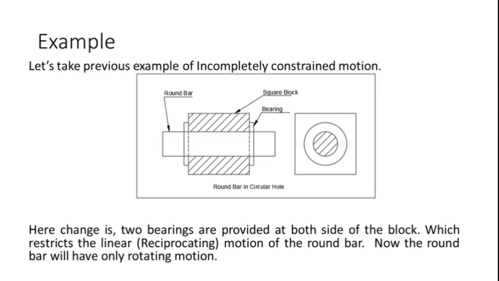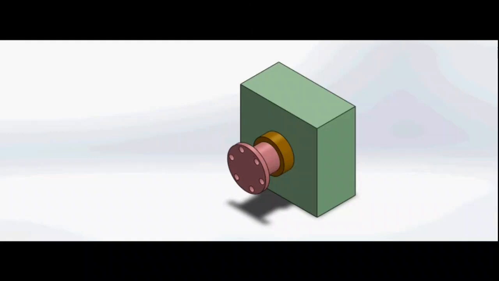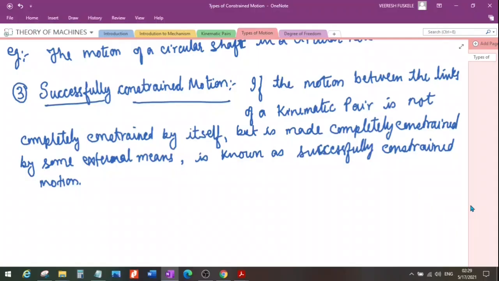So this is how, by the application of the collars or by some external means, we have made the incompletely constrained motion completely constrained, right? So this is one of the examples of successfully constrained motion. Let us see this by an animation. Here you can see by the application of the collars, the motion of the circular shaft is restricted to only a rotary motion, right?